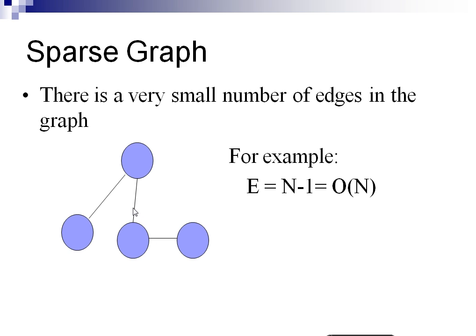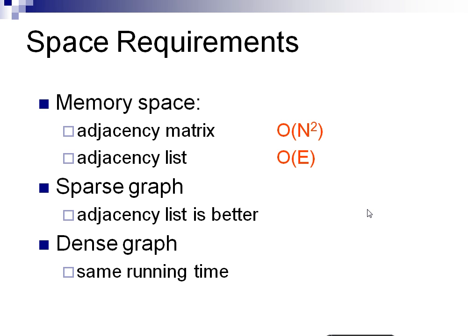In this case you will find n minus 1 edges. If n is the number of nodes, there will be n minus 1 edges in the graph. And the complexity is given by O(n). Now let us talk about the memory space requirement.